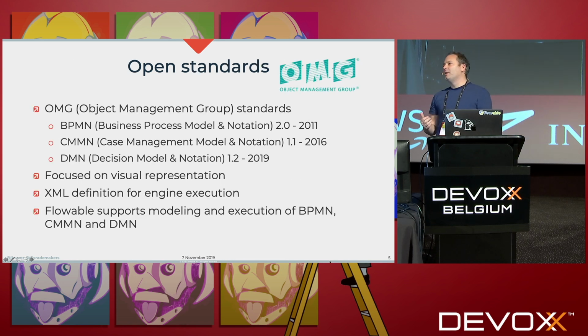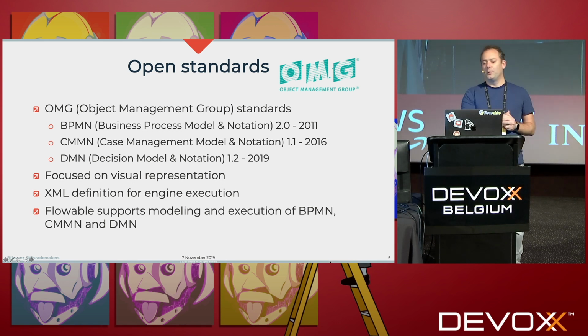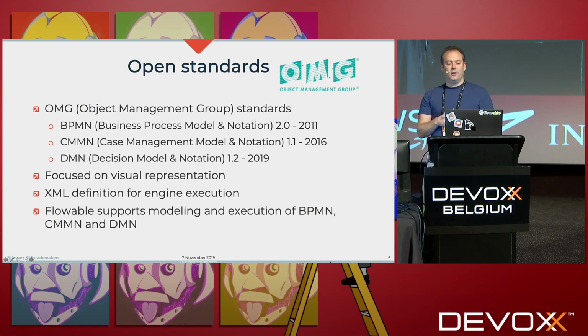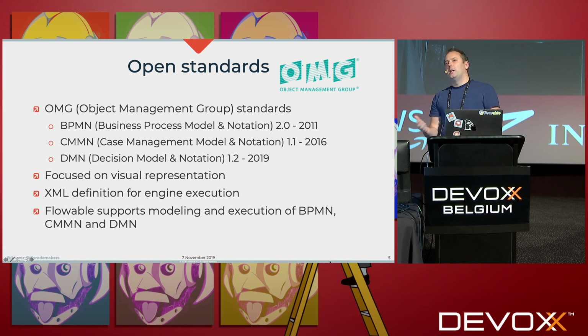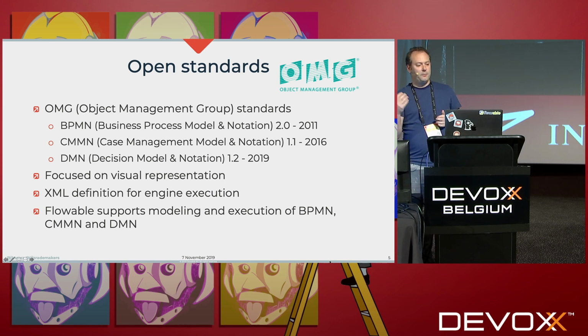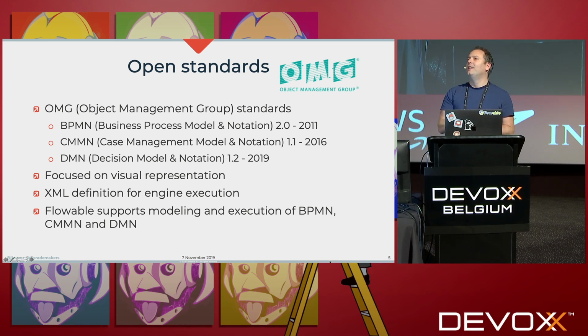So the open standards that we implement are really key for the Flowable open source project. So we have the Object Management Group, the OMG, who defines a lot of standards, including BPMN, CMMN, and DMN. So BPMN is Business Process Model and Notation. It's really focusing on the process side of things.